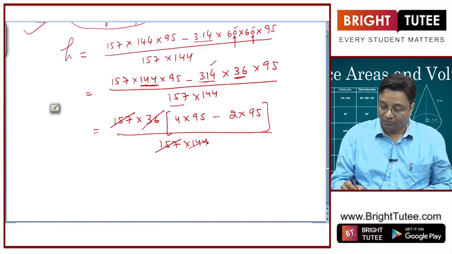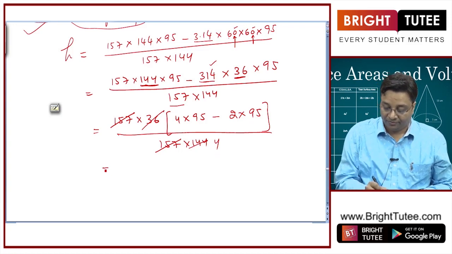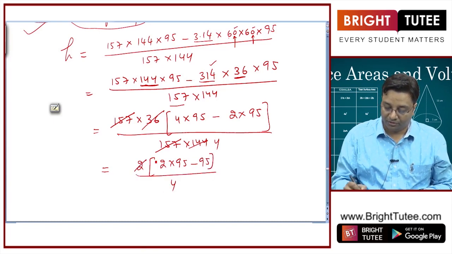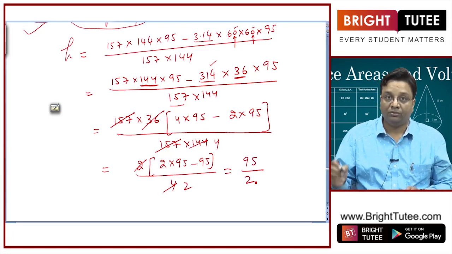So, 36 into 4 is 144, 2 can be taken as common from it, right. So, if I take 2 common, here I will have 2 into 95 minus 95 by 4. So, this is 2 into 95 minus 95 divided by 2, right.